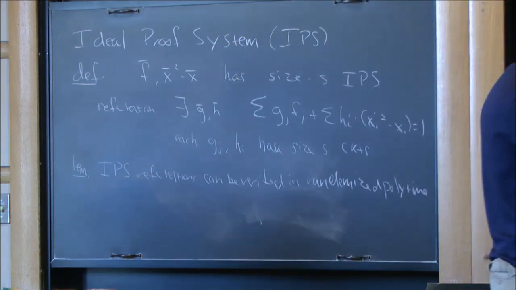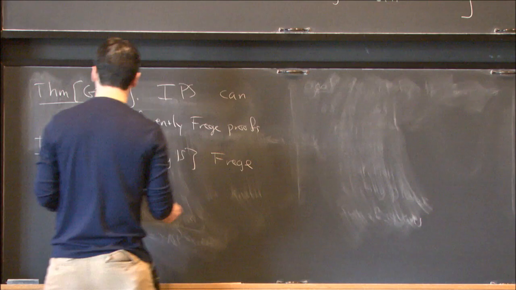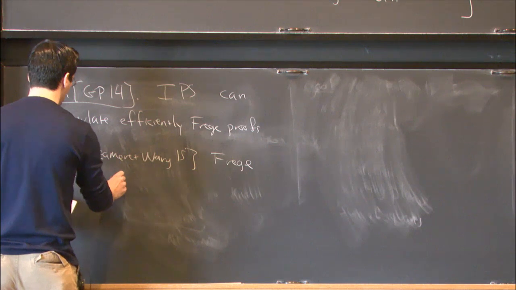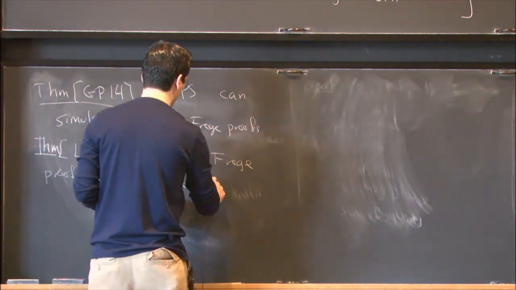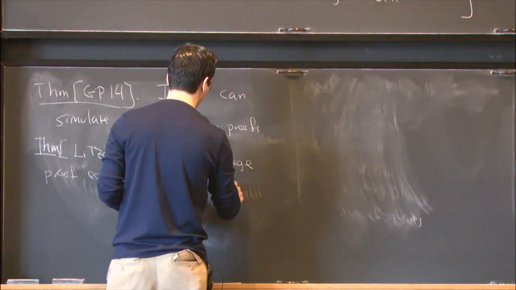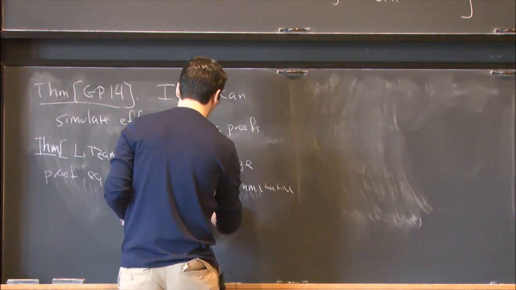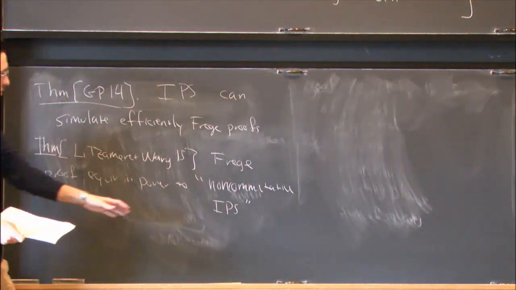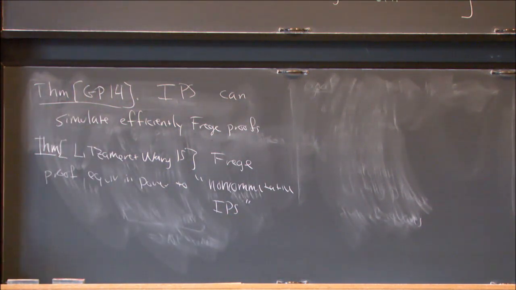time. What they were able to show is that such an equivalence holds, and they would say that Frege proofs are equivalent in power to something called maybe a non-commutative IPS proof. So I'm not so much going to define this, but basically the ideal proof system is about polynomials, and this is all about commutative polynomials.